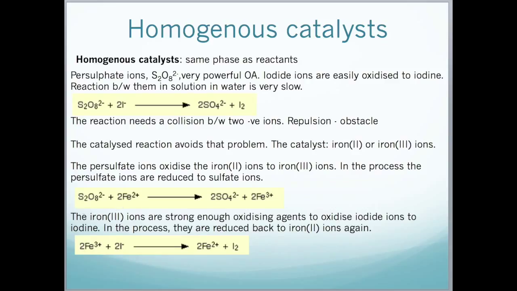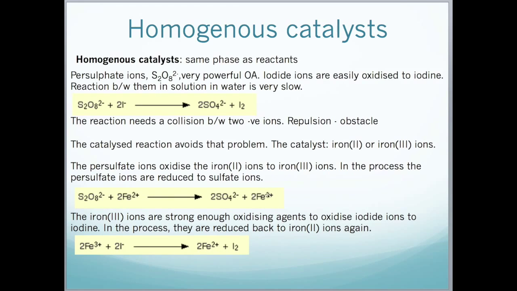If we add the iron into the solution, the persulfate ions will oxidize the iron 2 ions to iron 3 ions, as shown here. In the process, the persulfate ions are reduced to sulfate ions. This is the intermediate stage.